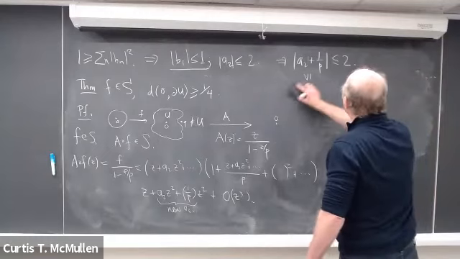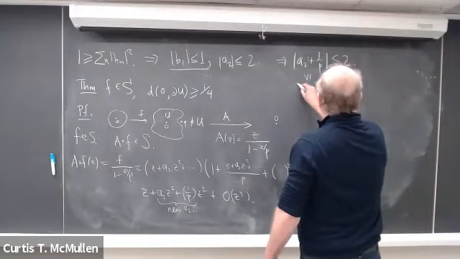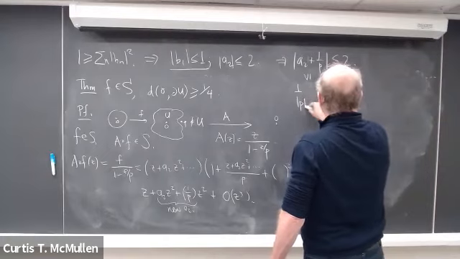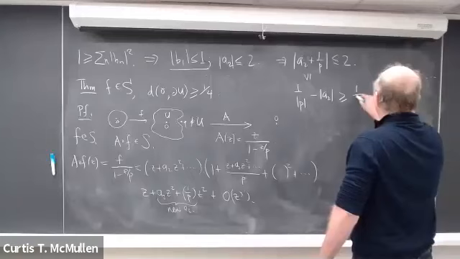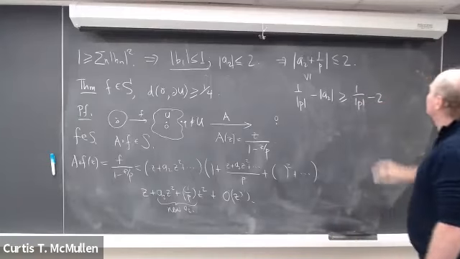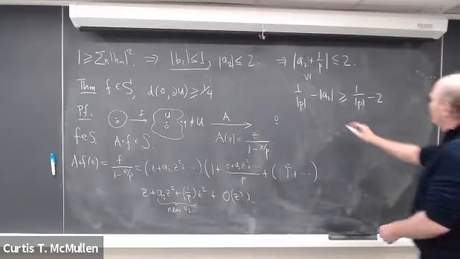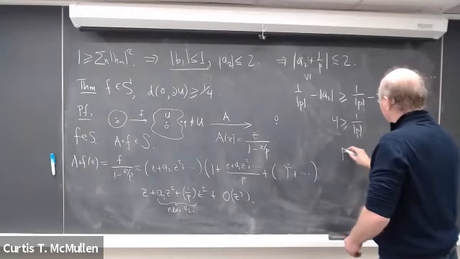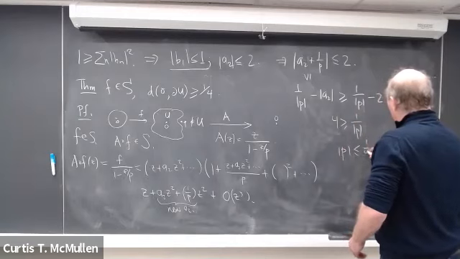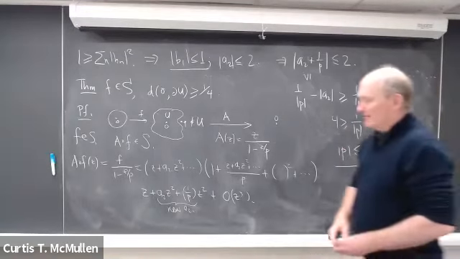Sorry, I'm writing this wrong. It's greater than or equal to 1 over the absolute value of P minus the absolute value of a2, which is greater than or equal to 1 over the absolute value of P minus 2. And so 4 is greater than or equal to 1 over the absolute value of P, and so the absolute value of P is less than or equal to 1/4. And that's the Koebe 1/4 theorem.